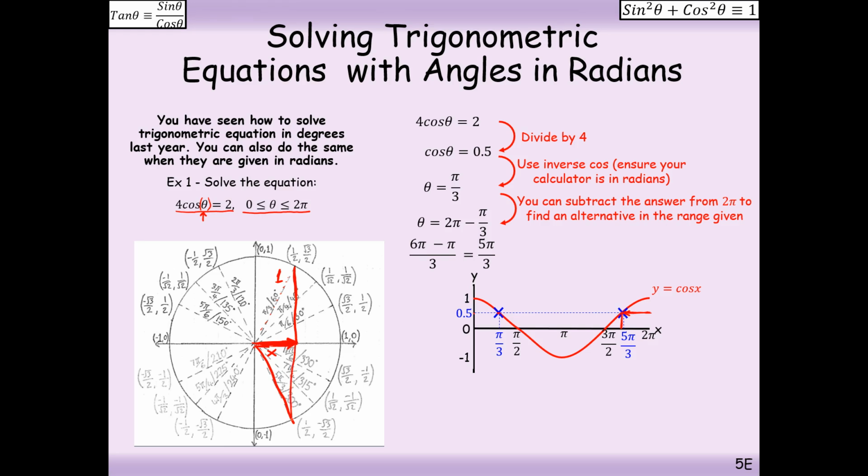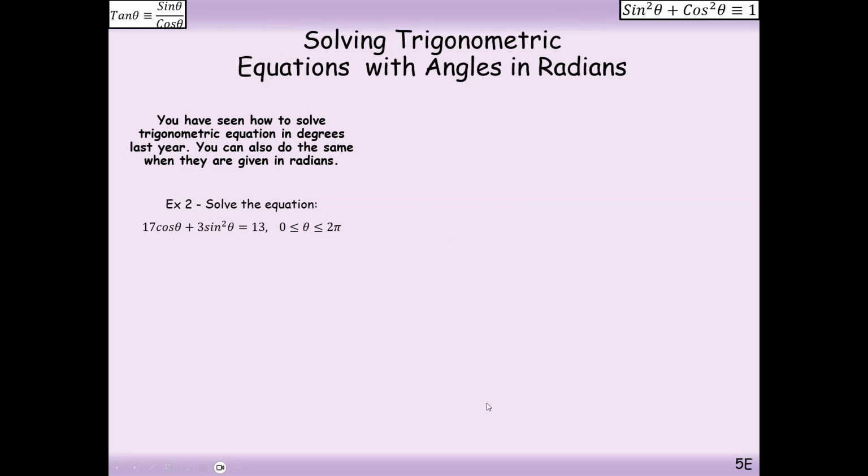That's why we take 0 to be equivalent to 2 pi: if I turn anti-clockwise, I'll end up with pi over 3, and if I turn clockwise here, so I subtract pi over 3 from 2 pi, I end up with this angle here, which is 5 pi over 3. Okay, so that is the two answers for that question.